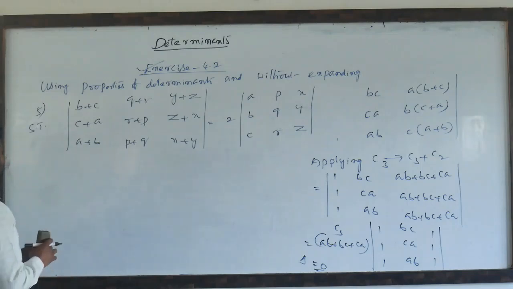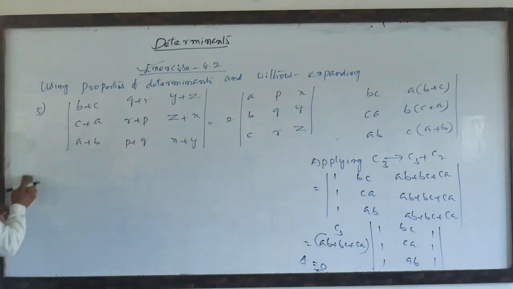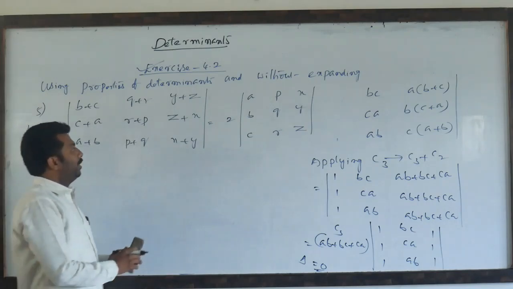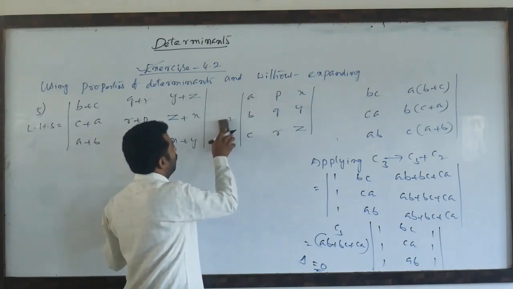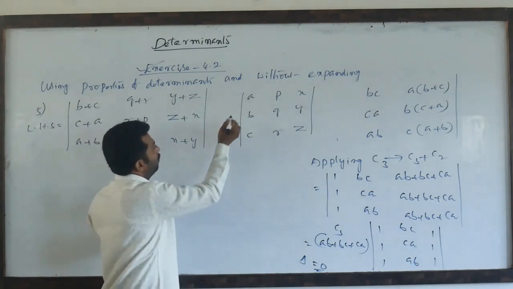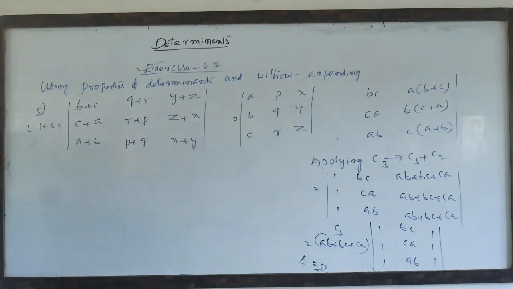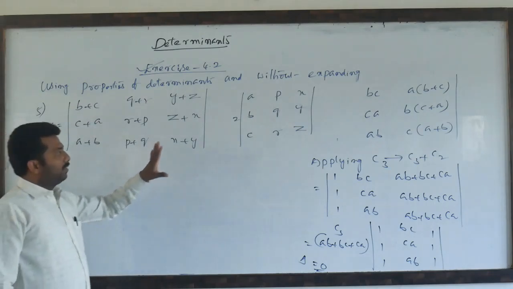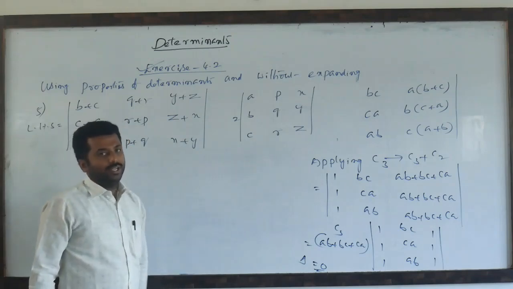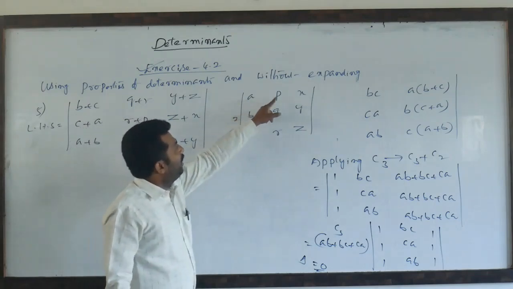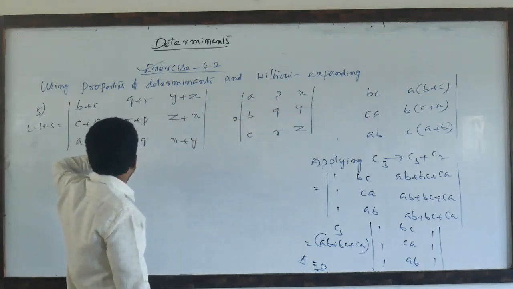Now I am taking this as the LHS, you remember. Later we will prove it is 2 times the determinant of a, p, x; b, q, y; c, r, z. You observe which operations we have to apply. Here a, p, x we require.